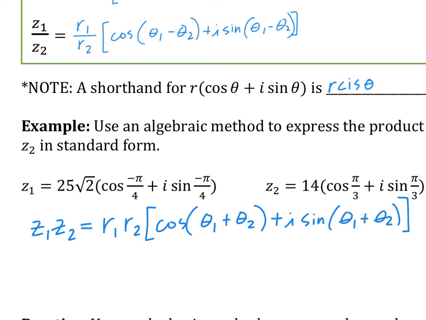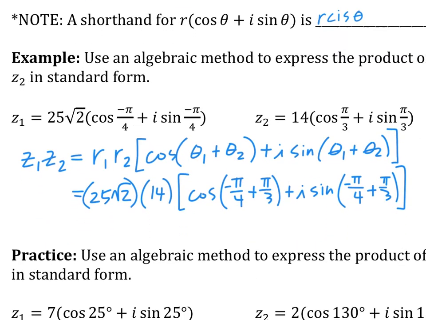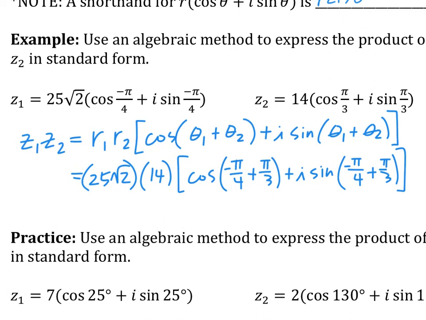It's nothing really special. Take the first radius times the second radius, so 25 root 2 times 14. And then cosine of first angle plus second angle, so negative pi over 4 plus pi over 3 plus i sine first angle plus second angle. Okay, we're just going to simplify the whole thing until it becomes standard form.